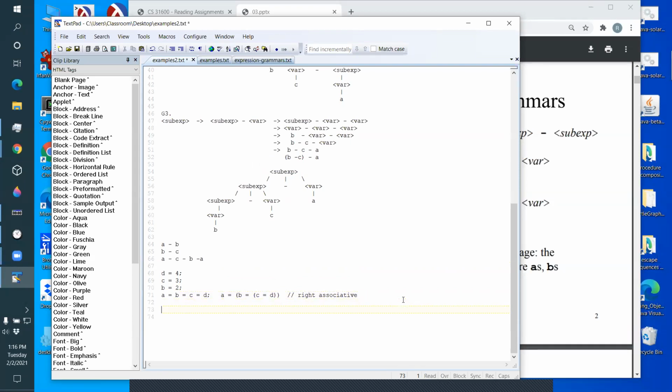Here's an interesting one. What's x less than y less than z? How's that treated? Is it x less than y less than z, or is it x less than y less than z?